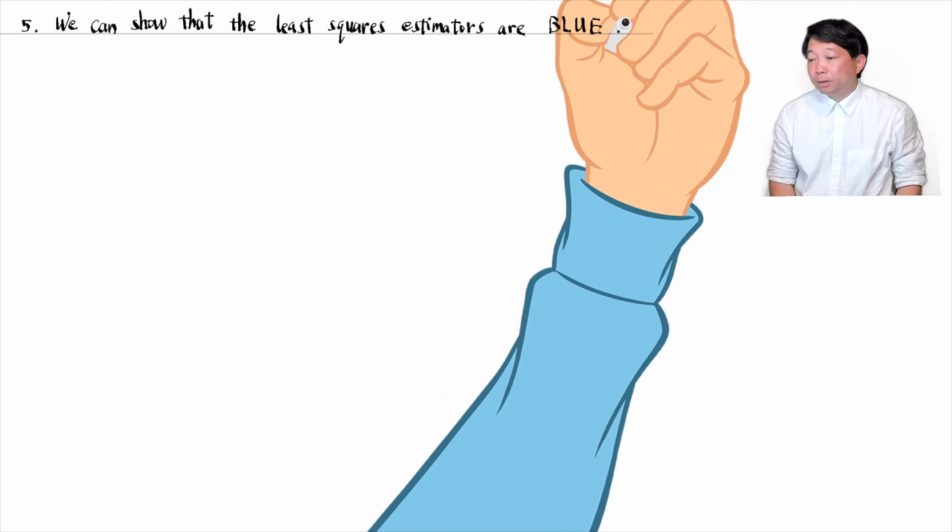Not only the intercept estimator, but also the slope estimator has the minimum variance. The OLS estimators are the best linear unbiased estimators, BLUE.